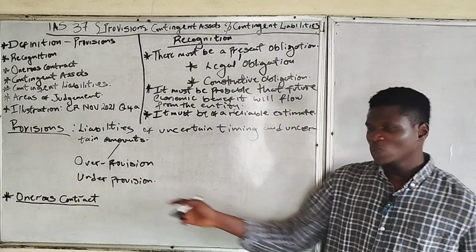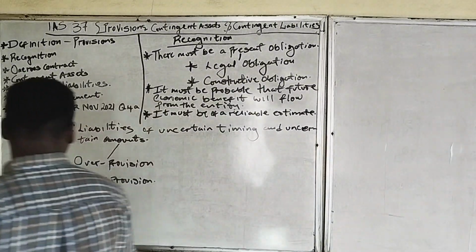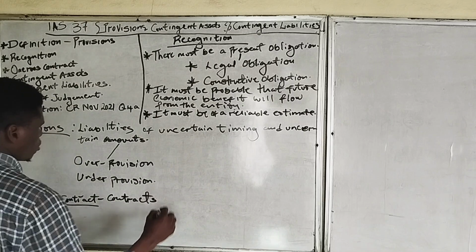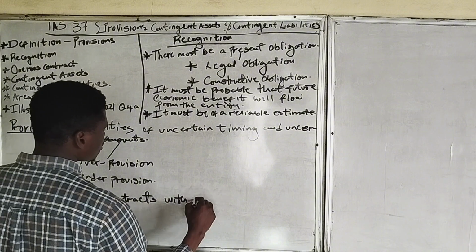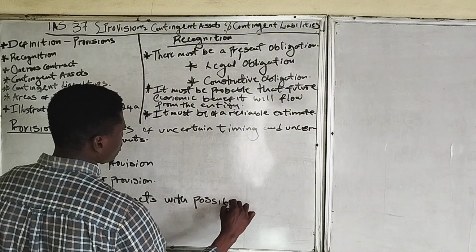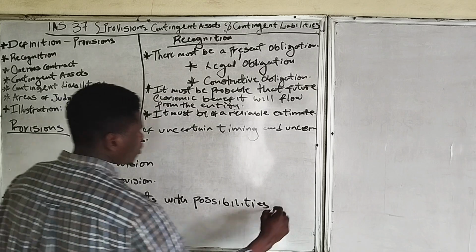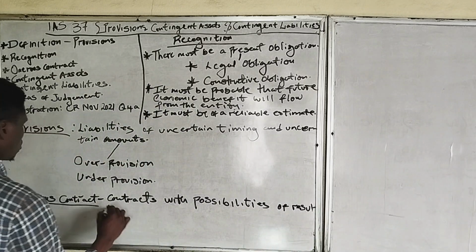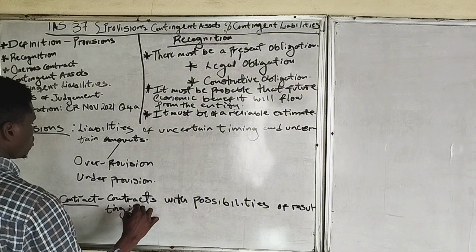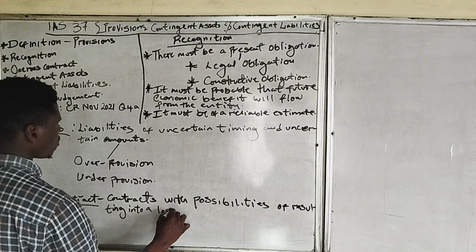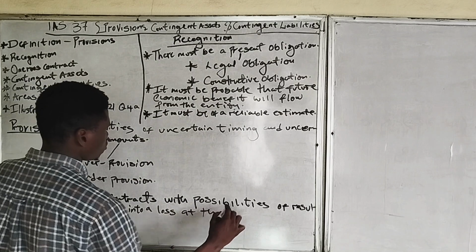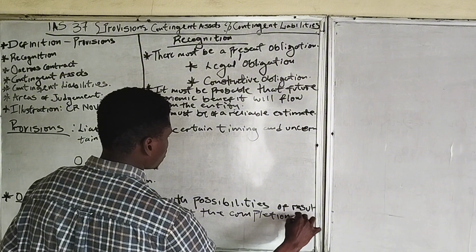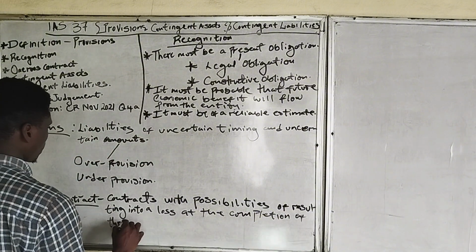So in relation to that, when we have said that onerous contracts, they are contracts with possibilities of resulting into a loss at the completion of the contract.